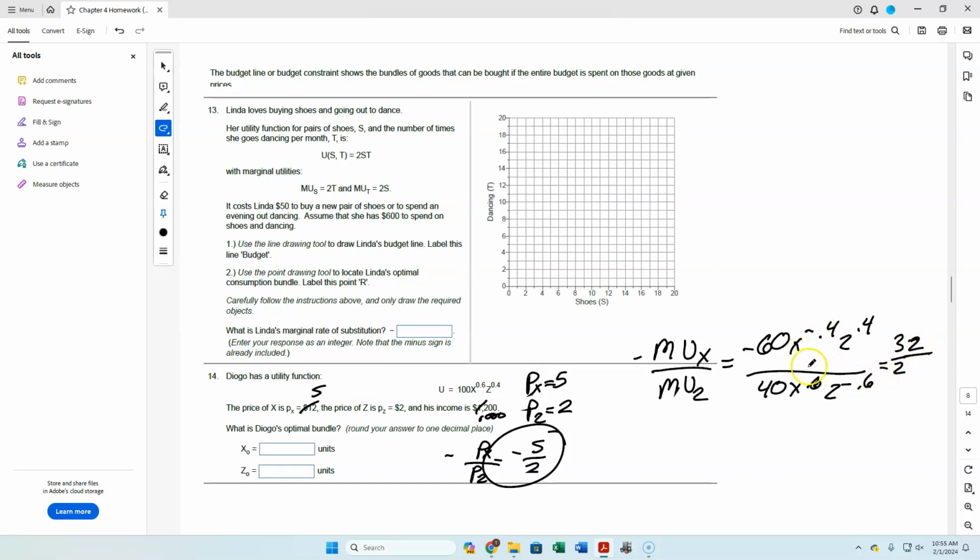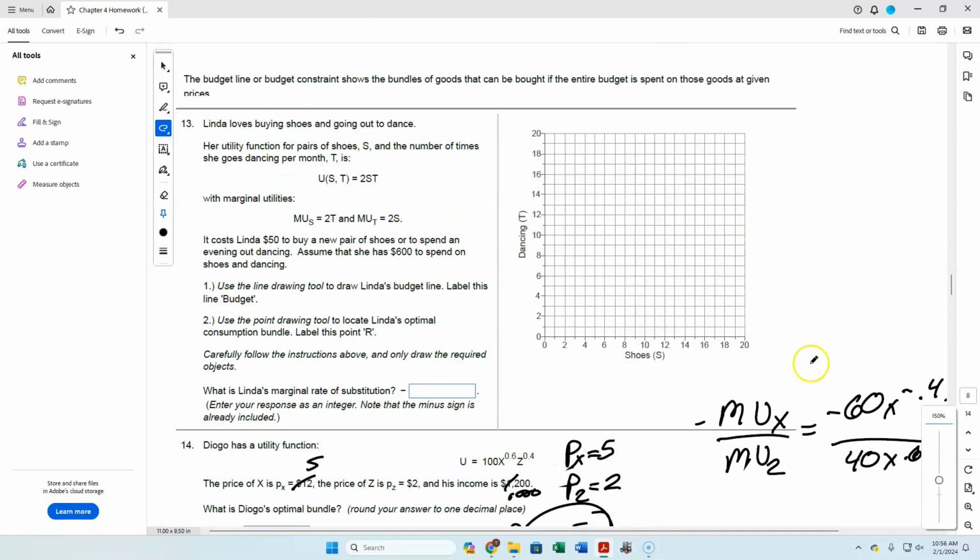And x to the negative 0.4 over x to the 0.6 is going to leave me with an x in the denominator. So 3z over 2x. Now, why am I setting up that MRS there? Because if I set up this MRS and said equal to this price ratio, the problem I would still have is that I have two unknowns. So I can't really do very much until we do the substitution into the budget constraint.